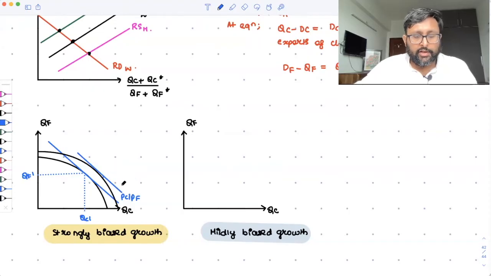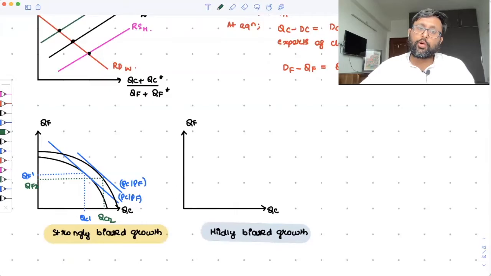So at an unchanged relative price, PC by PF 1, PC by PF 2, and why should I say 1, 2? Because they are both the same. At an unchanged relative price, what has happened is, now you are definitely producing more cloth, QC2, but you are producing less food.